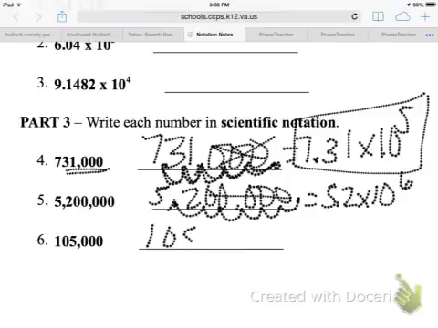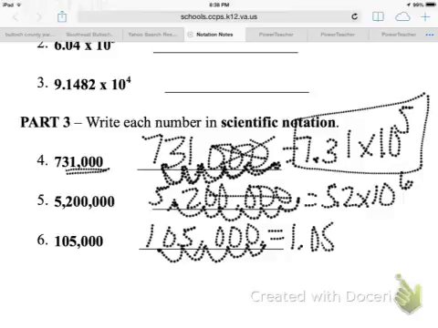Next, 1, 0, 5, 0, 0, 0. Again, the decimal is at the end. 1, 2, 3, 4, 5. 1.05. Those are gone. Times 10 to the 5th power. Again, since it's greater than 1 whole, the exponent is going to be positive.